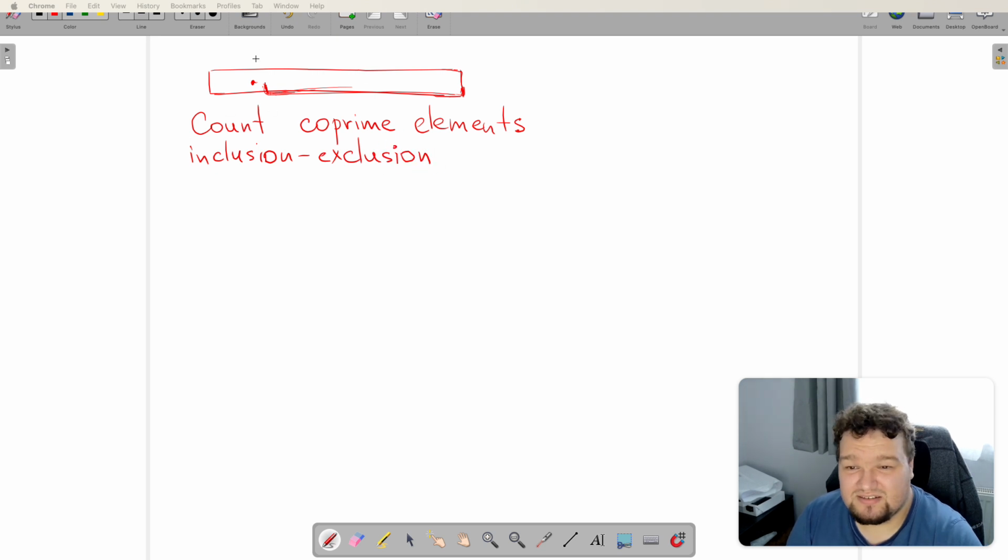The idea is that, let's say our number is x. For x, we can find the primes that it is divisible by. It's a product of primes in some powers, but we don't care about the powers.